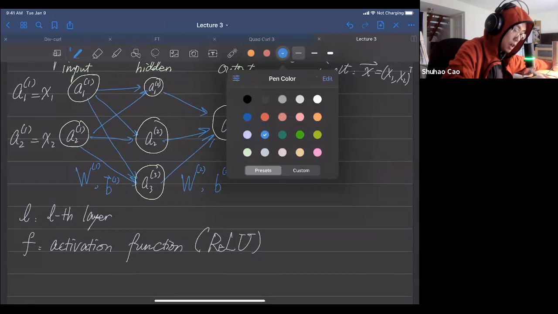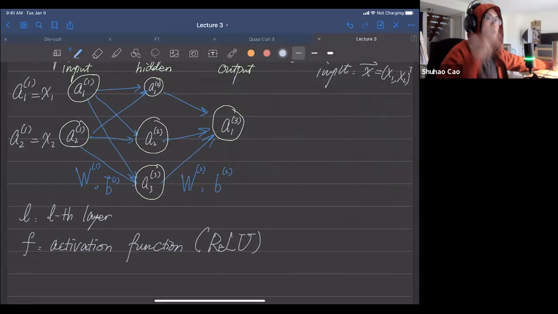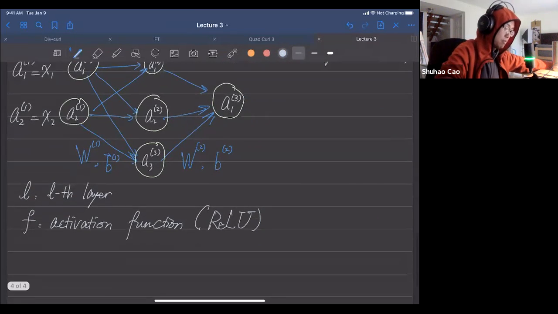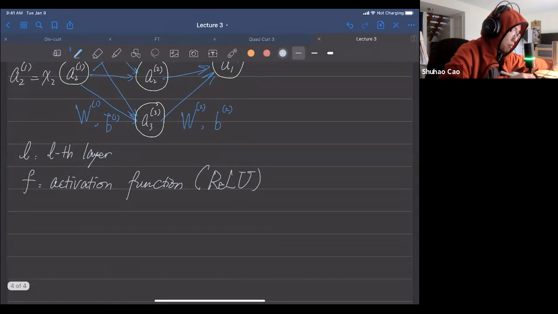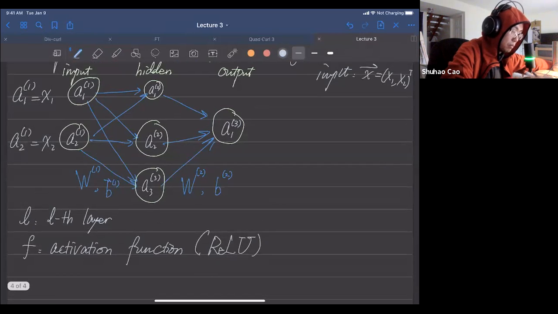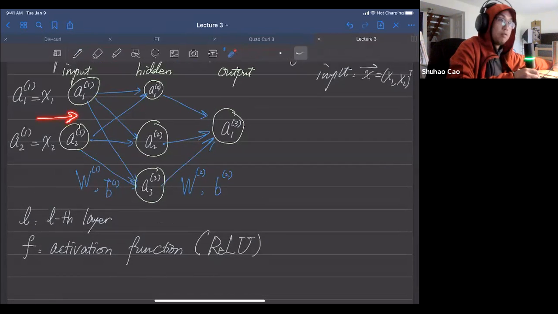So now let's represent our function again. What happens is the input goes into the network.